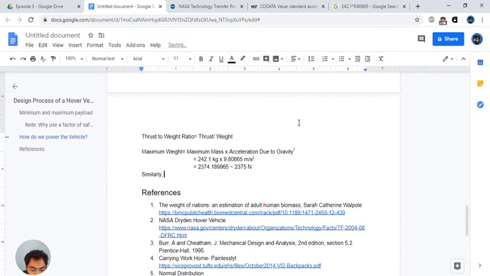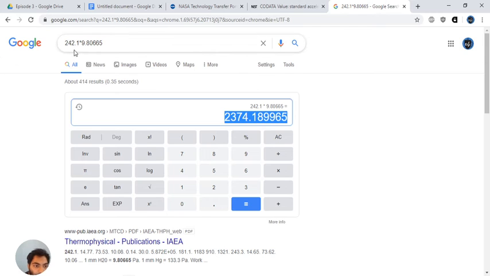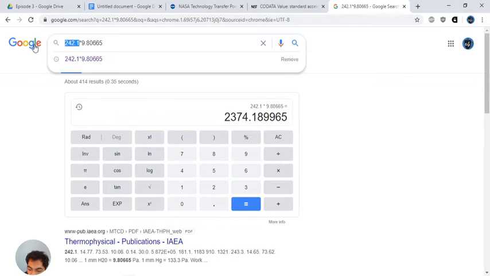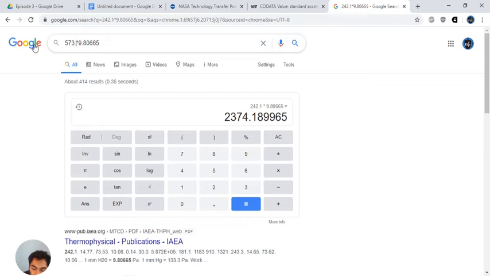Similarly, minimum weight. Since I explained to you how I did that, I'm not gonna do the whole calculation again. I'm going to do 57.7 times 3 times that.